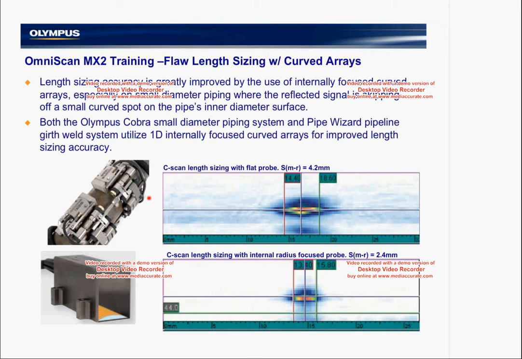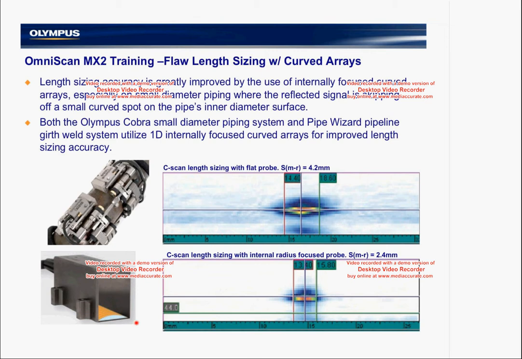In some of the applications using advanced probes optimized for length sizing, these would have internal curved radius that allow us on the C-scan and the B-scan to more finely define the length of the flaw. As we can see here, without the use of curved arrays, my ability to place the cursor at the direct end of the flaw is compromised somewhat. When we internally curve the radius, it gives us improved length sizing.